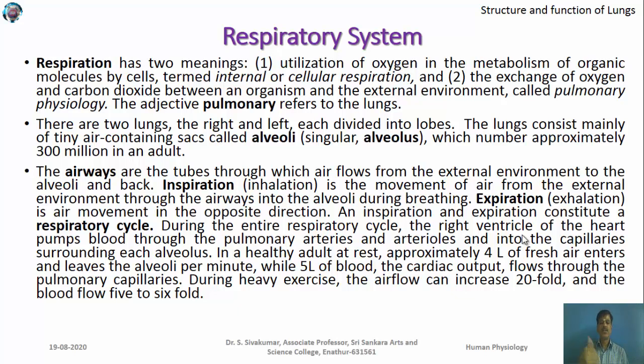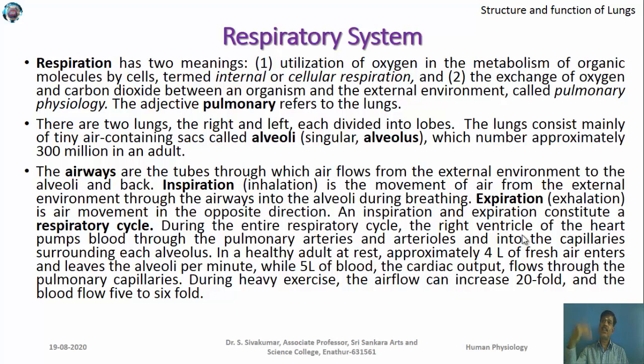So 5 liters of blood becomes 6 times that, about 30 liters of blood per minute to the lungs during vigorous exercise. Similarly, 4 liters of air comes to the lungs at rest.